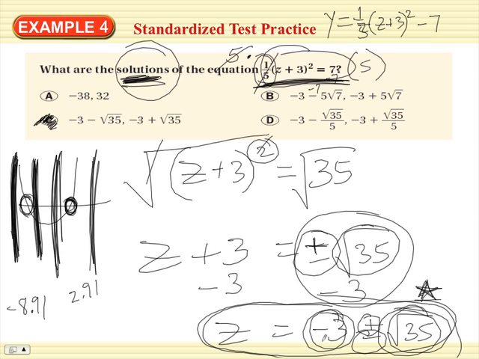Notice something. One of them, did you get 2.91 or 2.92? One of the two. Did you get negative 8.91? What did you find? Zeros, x-intercepts. Yeah, you found the zeros of this up here. You found the x-intercepts of this up here.